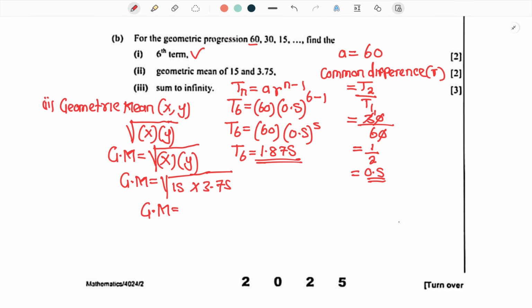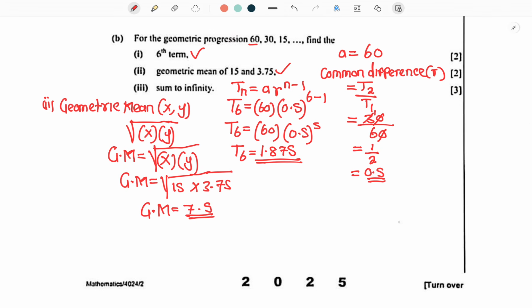Now when we find the square root of 15 times 3.75, what we are getting is simply 7.5. So this is the answer for the second question. This is just how you find your geometric mean. All you have to do is to multiply the numbers that you have been given, then find their square root.